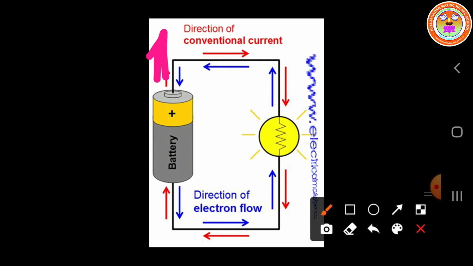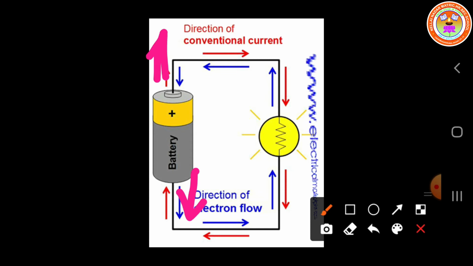After the electrons were discovered, it was known that electron flow actually takes place from the negative terminal to the positive terminal. Here the electron flow is shown by the blue color arrow mark. Okay, students, have you understood? Electrons flow from the negative terminal to the positive terminal of the battery.